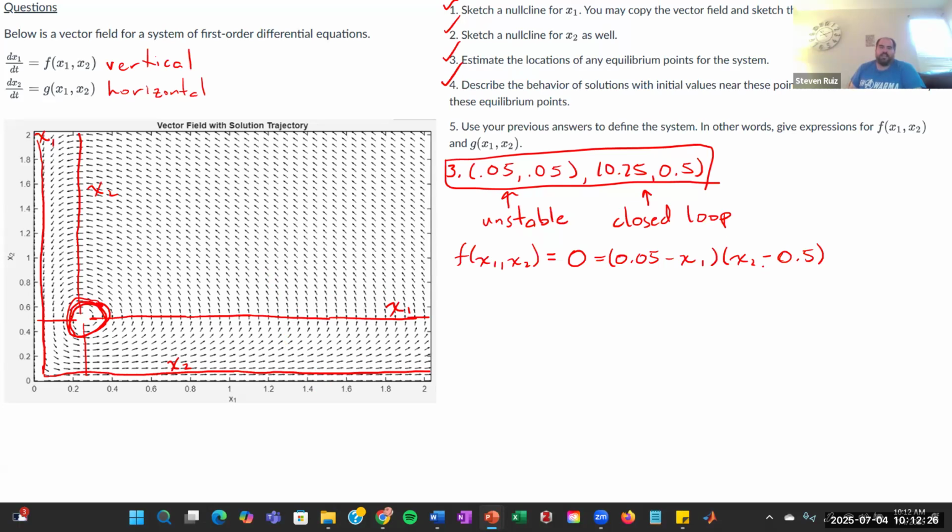So if x2 is, say, 1, then this term right here should be negative. So I think I have to make the same adjustment: 0.5 minus x2. So again, this is probably not exactly what the definition of the equation is, but based on the nullclines, which is the best evidence I have, this is about as close as I can get.